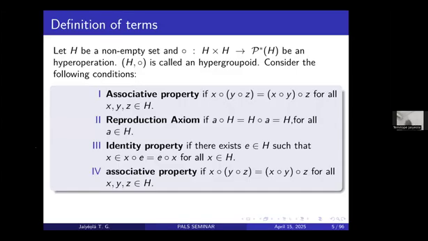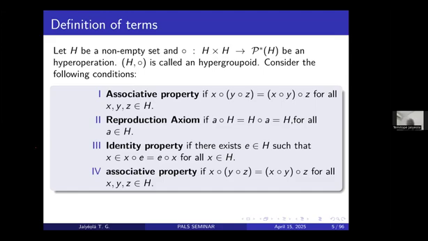So, definition of terms. If you have a non-empty set H and you define an operation on it as follows, from the Cartesian product of H with itself into the power set of H excluding the empty set, then the pair H and that binary operation becomes what we call a hypergroupoid. If a hypergroupoid possesses the associative law, then it has to satisfy that condition.